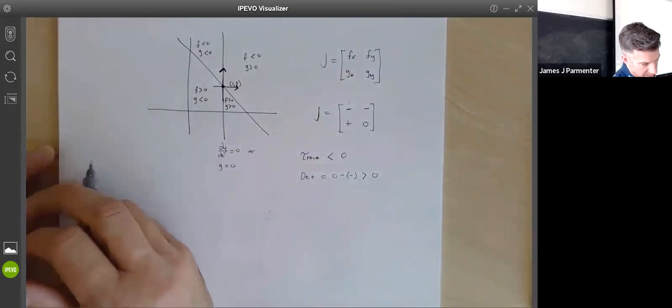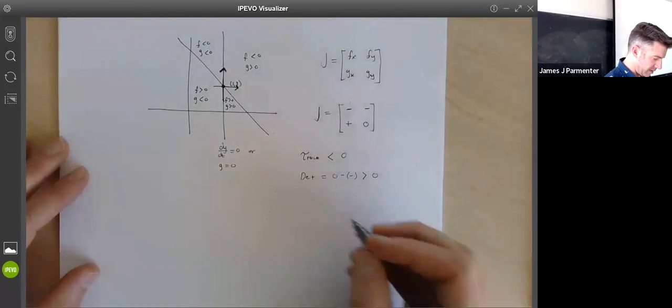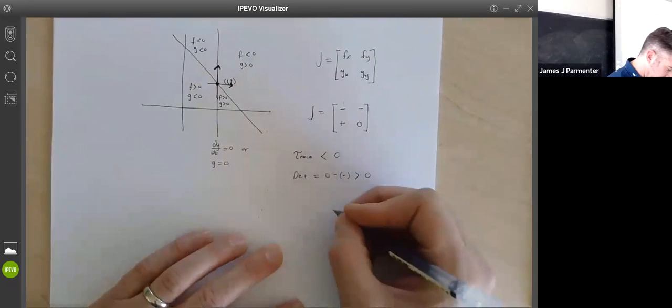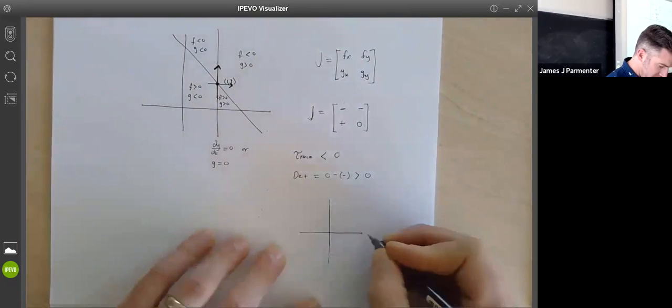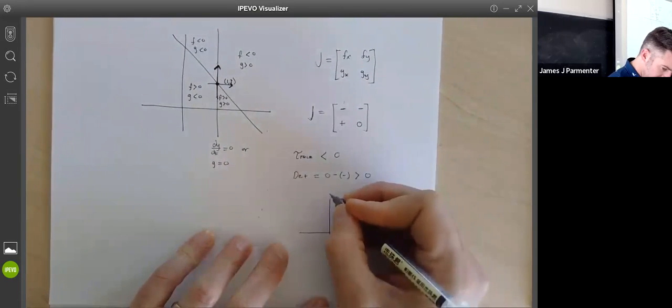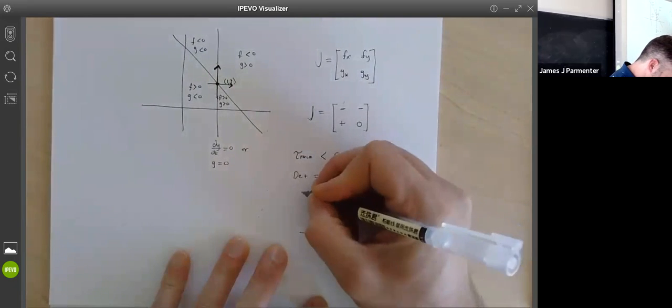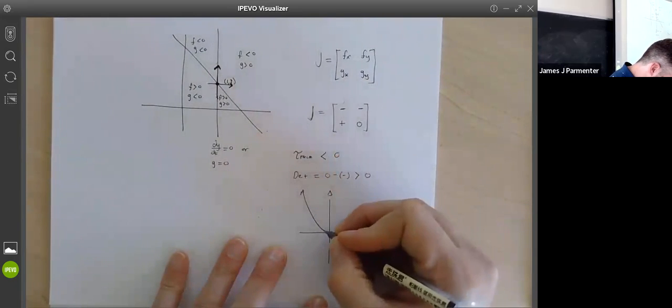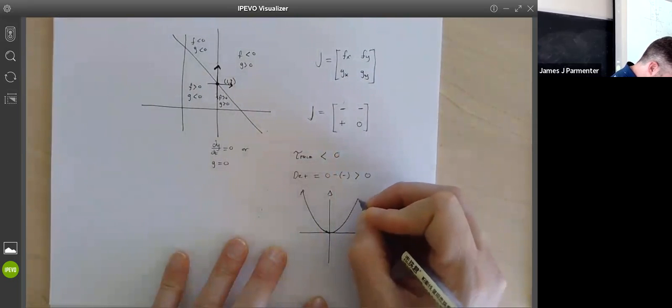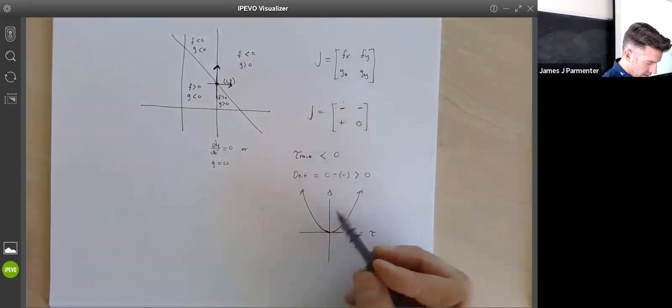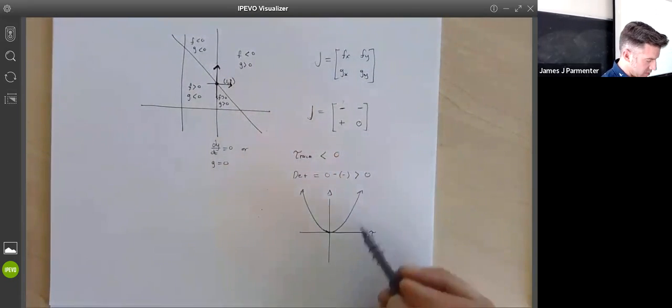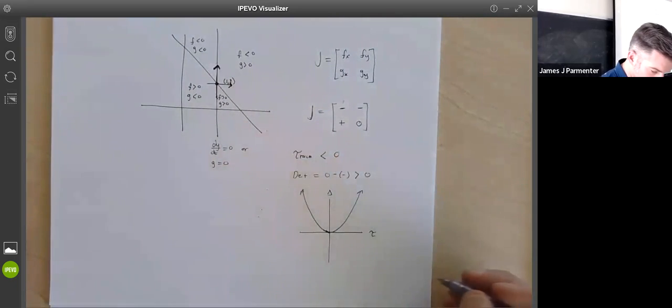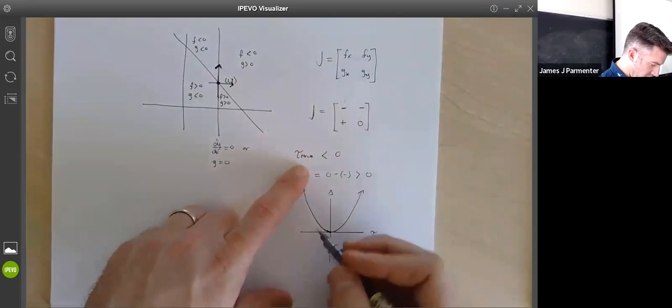And then honestly, I like to draw this little picture. I know that if my trace is negative, here's that picture where this is your trace and this is your determinant. And here's the curve keeping the imaginary results from the real results. So if my trace is negative, I'm over here.